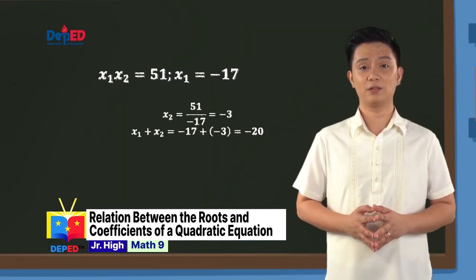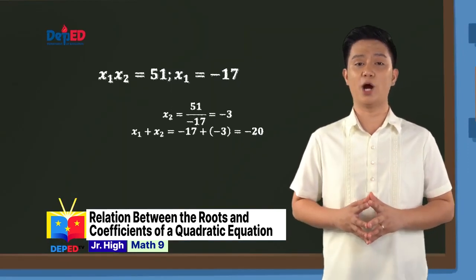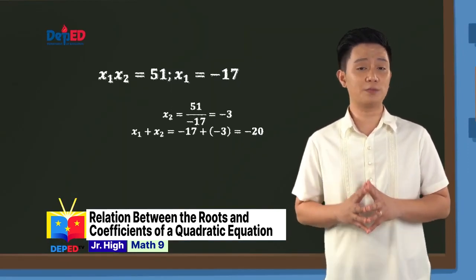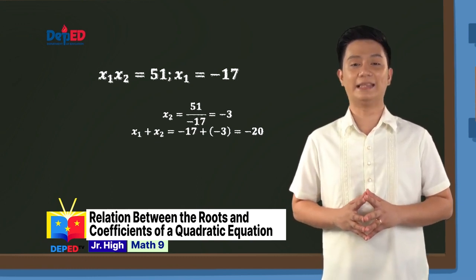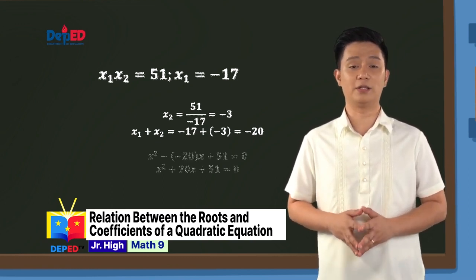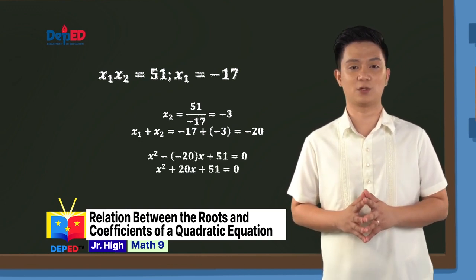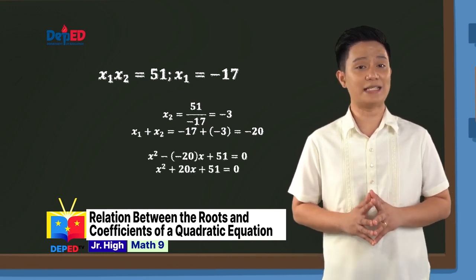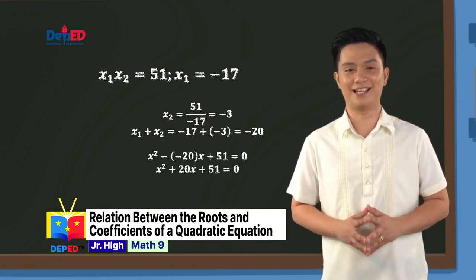Time is up. Dividing the indicated product by the given root, we can obtain the other root, which is negative 3. So the equation is x squared plus 20x plus 51 equals 0.